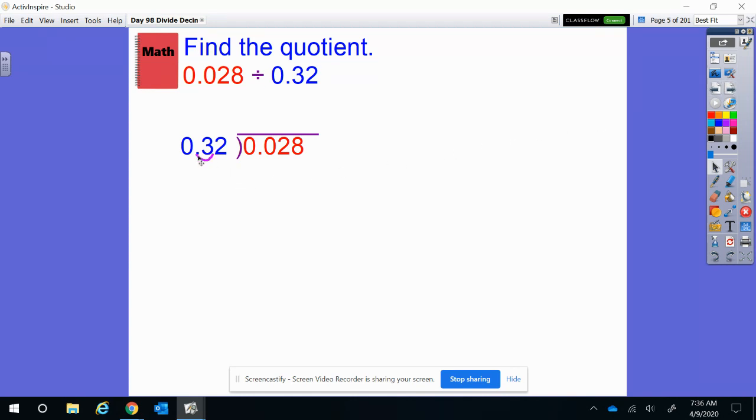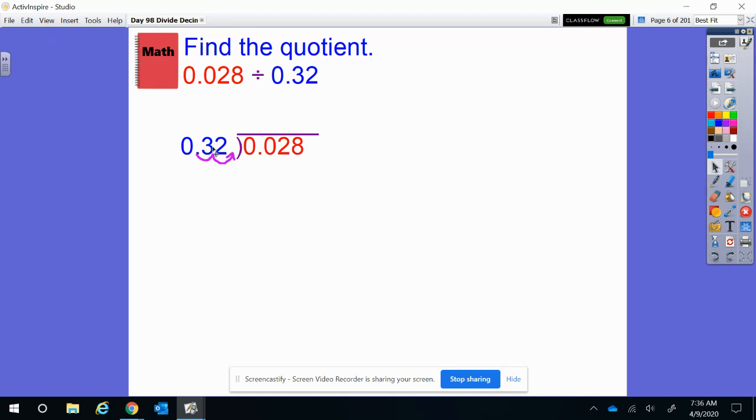The first thing we have to do, remember, is move it, move it, move it, or hop it, hop it, hop it. You have to hop that decimal point all the way over to the right in the divisor to make the divisor a whole number. So we have to move it once, and we have to move it twice. You have to move it 2 times.